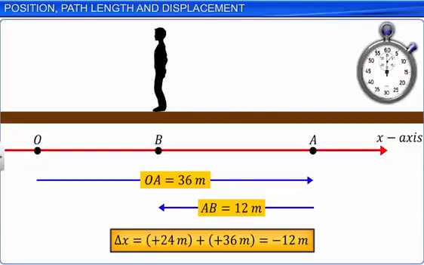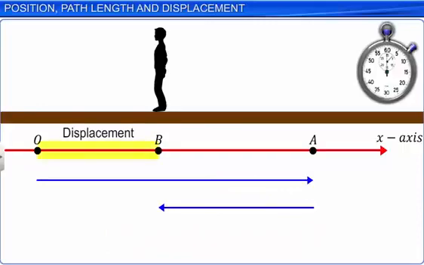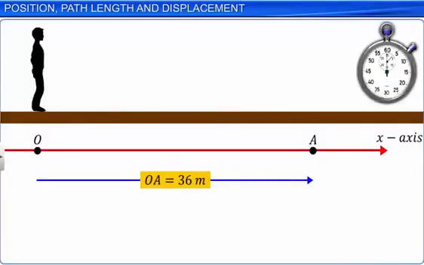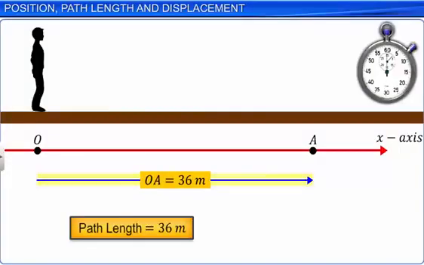The magnitude of displacement and the path length traversed by an object may or may not be the same. For the motion of the man from O to A, the path length is 36 meters, and the magnitude of the displacement is also 36 meters.